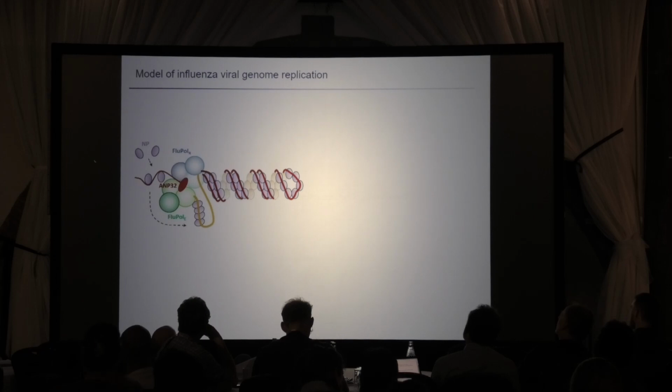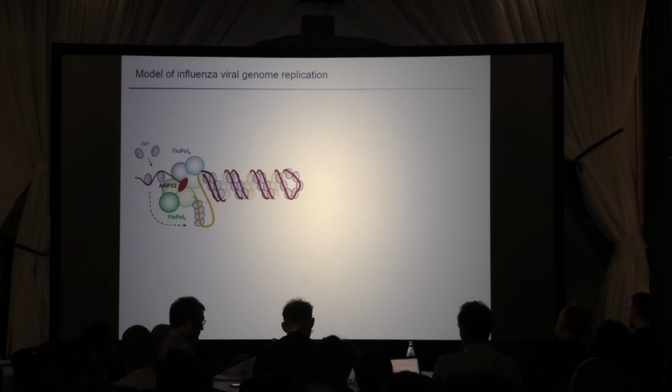And key to this is this low complexity acidic tail, which is able to increase the local concentration of nucleoprotein around the RMP and pass this RNA-free nucleoprotein onto the encapsulating RNA.